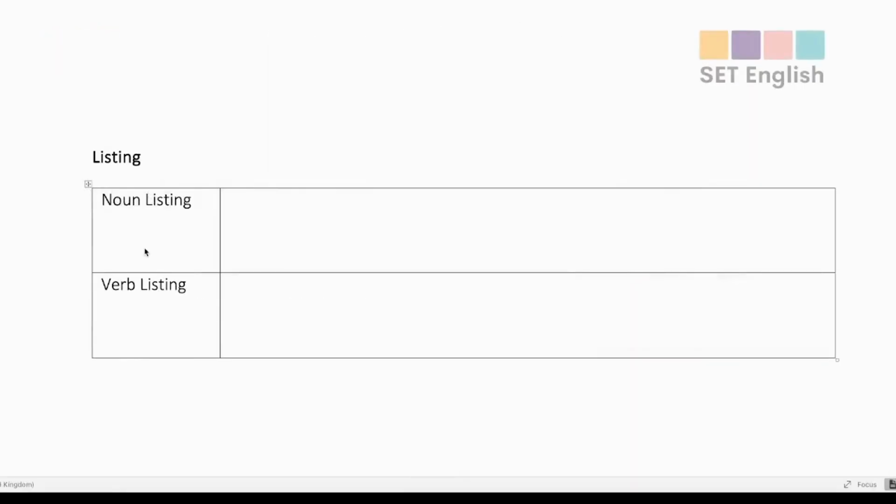All right, noun listing and verb listing. That might be a phrase that you're really not familiar with, but noun listing would be where we choose one verb, and that verb might be something like "eat". Paul ate a chocolate bar, an orange, and an apple.